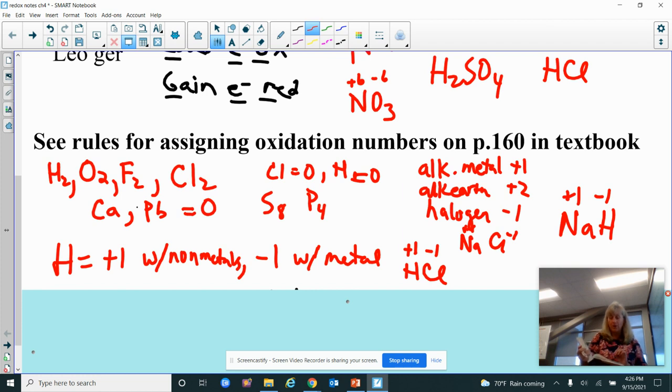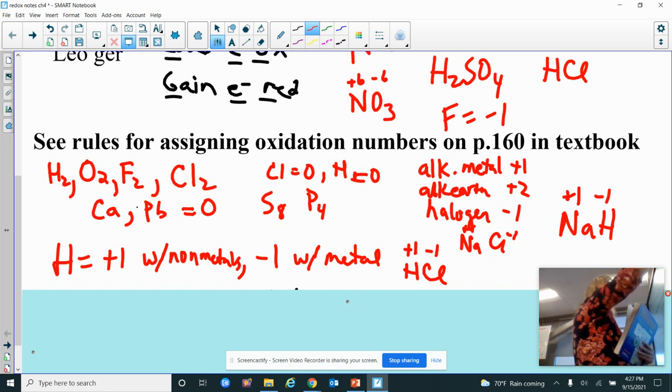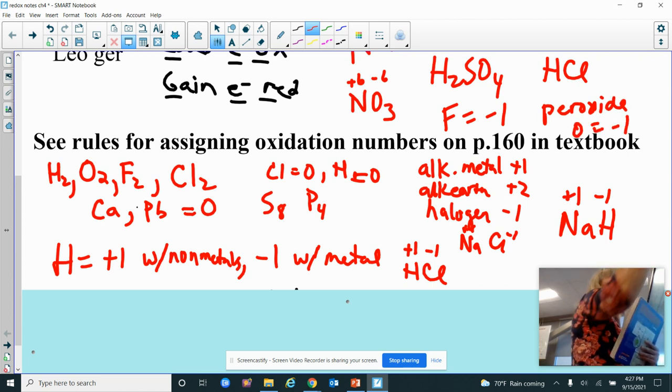All right, number 4, fluorine is always -1. So that one is a set. Oxygen most of the time is -2, but when it's in a peroxide, oxygen is -1.